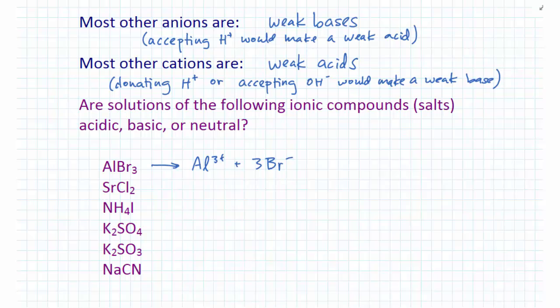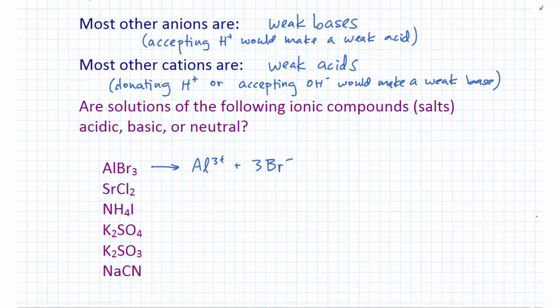Are either of those pH neutral ions? We have bromide. Cross out the pH neutral. Bromide is pH neutral because it comes from HBr, which is a strong acid. Aluminum is not neutral because aluminum hydroxide is not one of the strong bases.